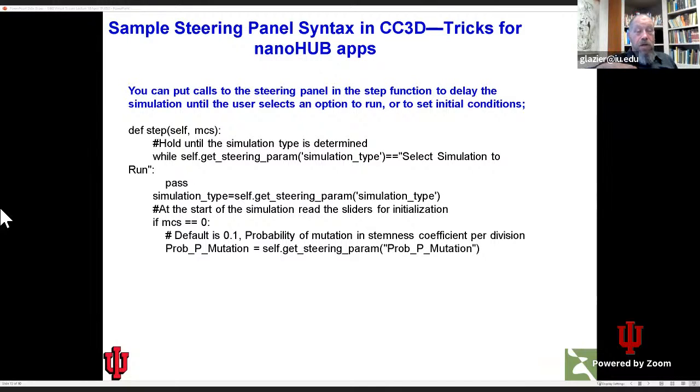Now there is some code in CompuCell which isn't used that much, which allows you to redimension the cell lattice. And if somebody really wanted to be adventurous and say to the user, you tell me how big you want the lattice to be, type in the value, and then I'll reset the lattice, you can do that. That's a little bit more on the user interface than I would ask people to do.